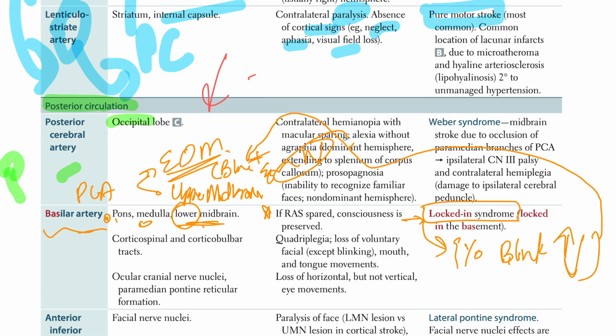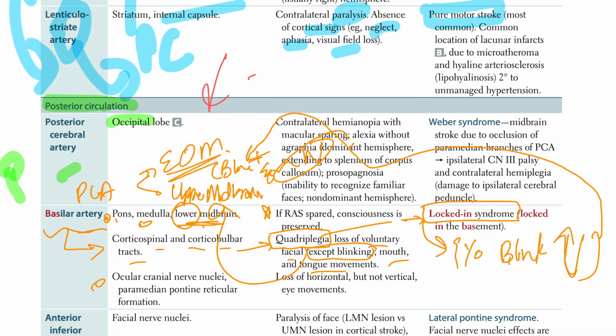Okay. Now looking at basilar artery, it affects the corticospinal and bulbar tract, which, if there is a lesion, will cause quadriplegia. Again, locked-in syndrome: quadriplegia, loss of voluntary facial movements except blinking, and we mentioned why. Okay, there's also going to be loss of mouth and tongue movements.